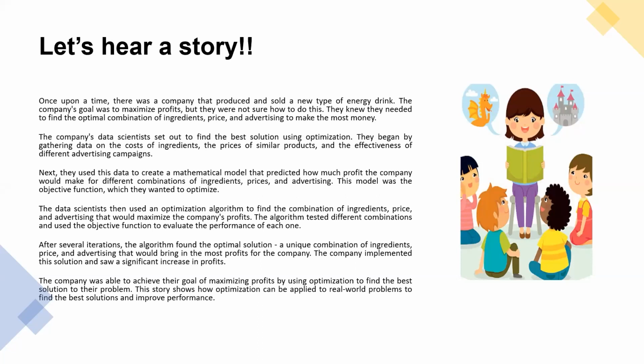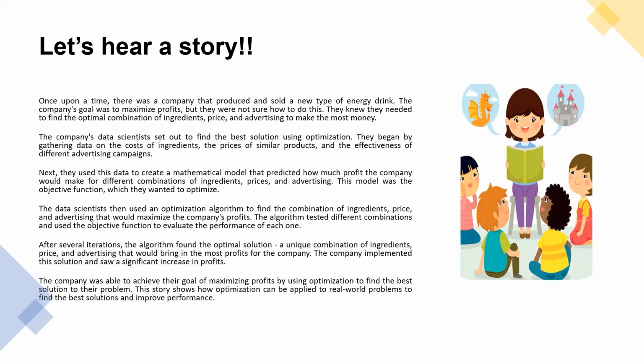Next, they used this data to create a mathematical model that predicted how much profit the company would make for different combinations of these sets of parameters. This model was the objective function which they wanted to optimize. Then they tested different combinations and used the objective function to evaluate the performance of each one.